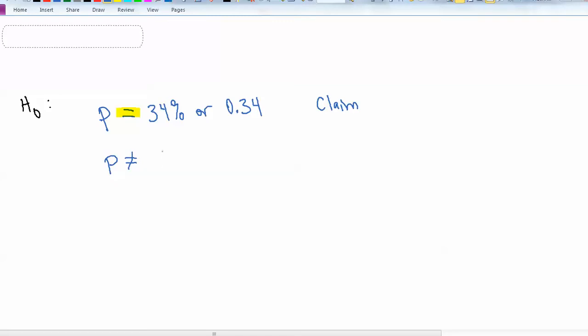So it's either less than 34% or it's greater than 34%. And that's why in this case we call it a two-tail. So this is our alternative statement, stated symbolically, and this would be two tails.